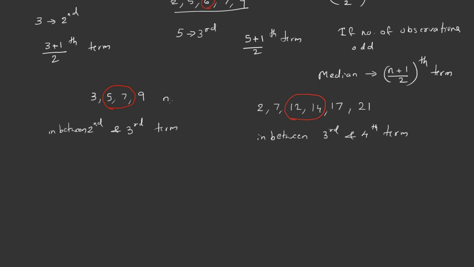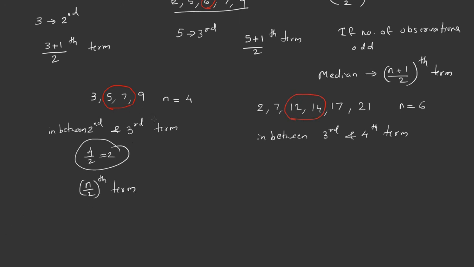Here n is equal to 4 and here n is equal to 6. What is the relation we can find for the middle term with n? Think in such a way: what is 2 in terms of 4? It is 4 by 2, which is equal to 2. So I can write the first term is the n by 2th term.